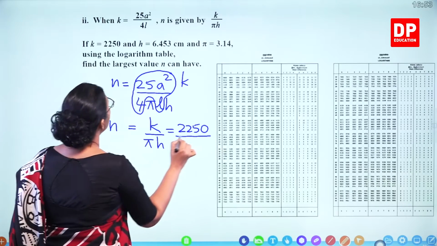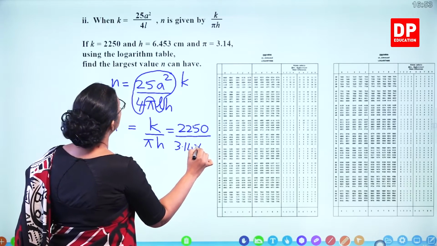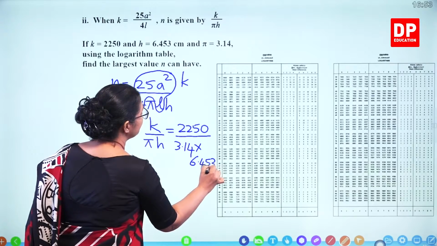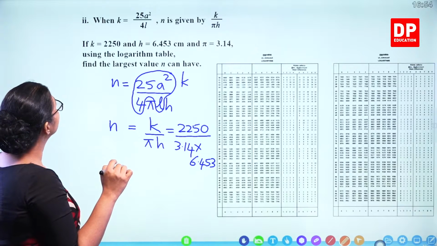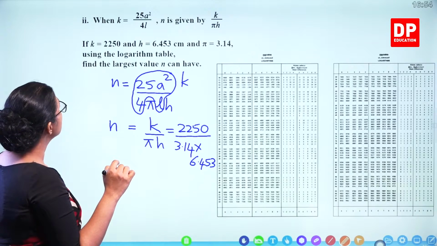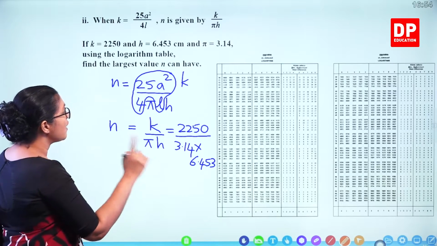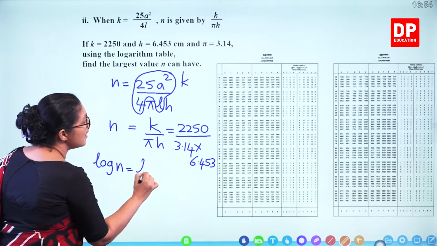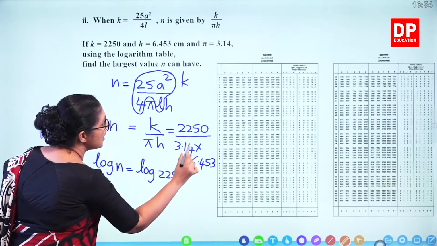Now k is given 2250, and pi 3.14, and h is 6.453. You are asked to find out n. So this is n using logarithm table. So take log both sides. Log of n equals log of 2250.